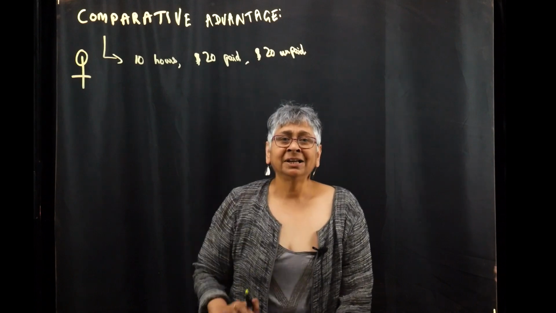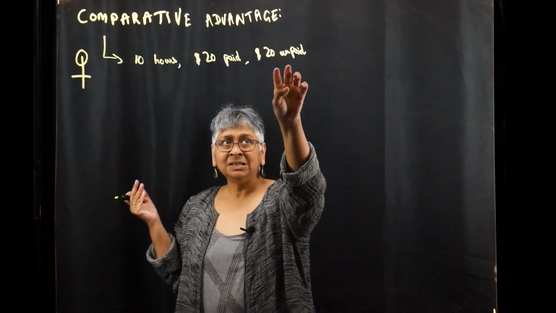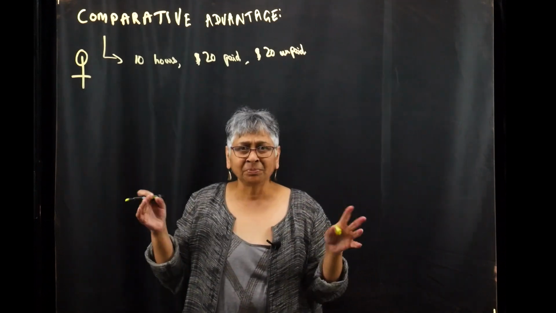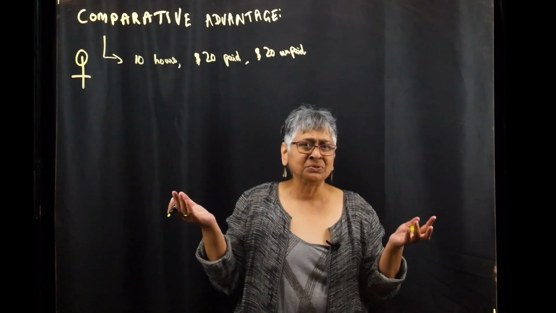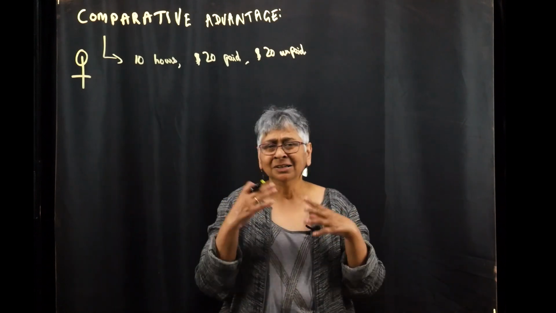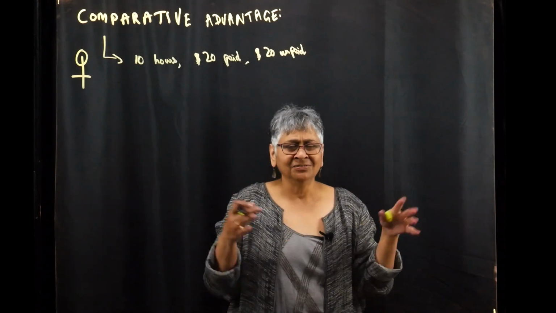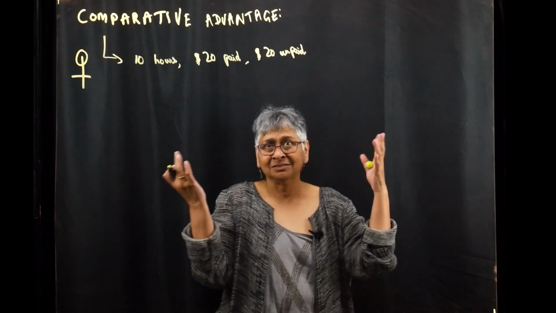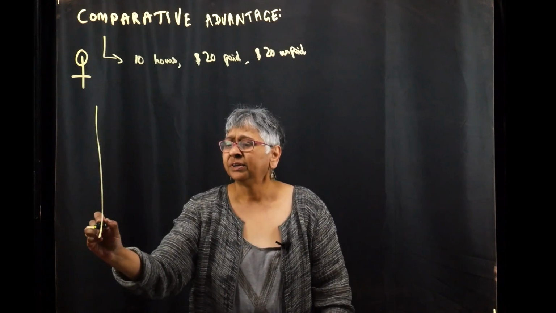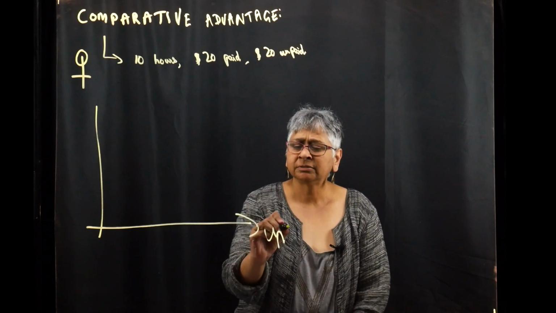Or she can work at home, and when she works at home, the equivalent of the labor she supplies when she cleans the house, when she does the dishes, takes care of the children, whatever, it's the equivalent of $20 a day if they paid for it, right? Pretty much equivalent. Here is your PPF.